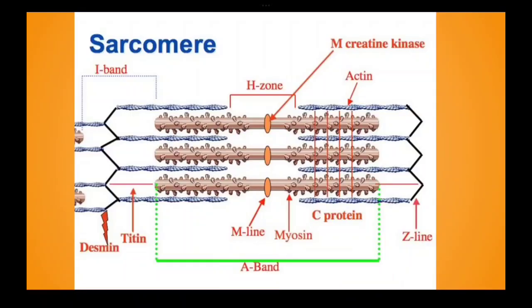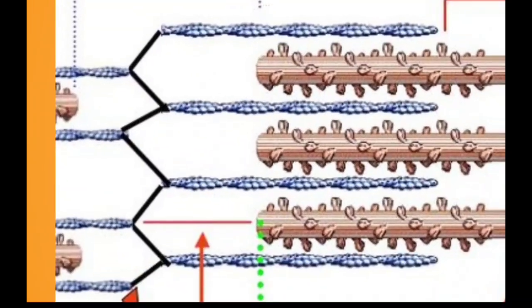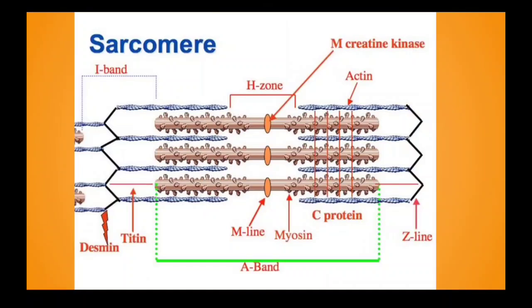Now coming back, you can see this beautiful diagram. Firstly, we'll see what a Z line is. The Z line is the crisscross region that you see at the ends. These are the boundaries. The whole thing in between these black zigzag lines is the sarcomere.